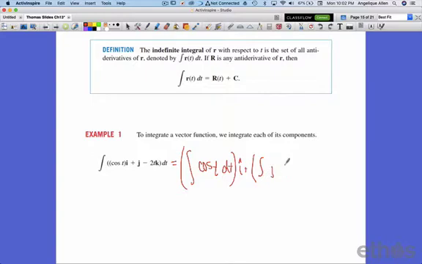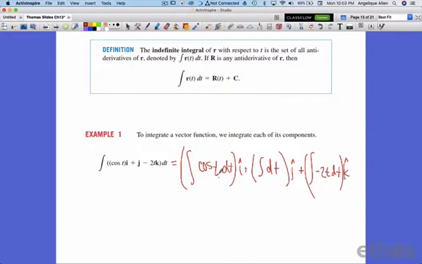I've been putting the components outside; you could put them inside the integral, it's fine, but it's more confusing. So the integral of dt in the j direction, plus the integral of negative 2t dt in the k direction. That's essentially what we're doing.